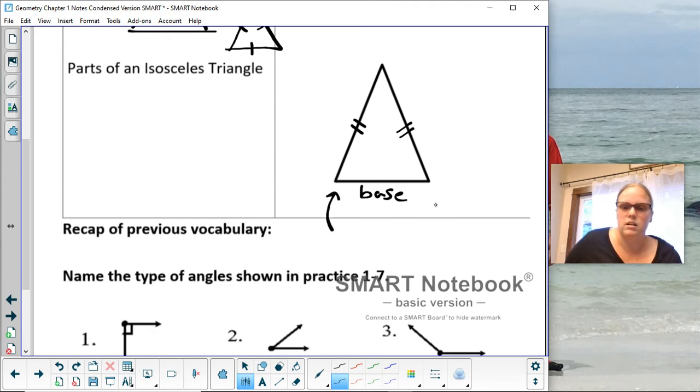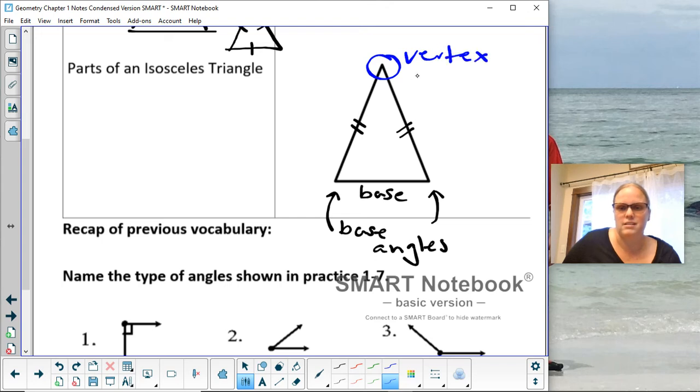So this one right here and this one right here, those are base angles. And then between the 2 legs that are congruent, that angle up on the top here, that's called the vertex angle, which is kind of silly because all corners are considered to be a vertex. But on an isosceles triangle, we need to distinguish the difference between which one is the vertex and which ones are the base angles.